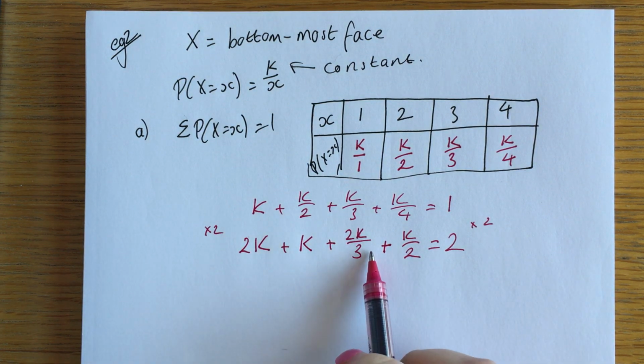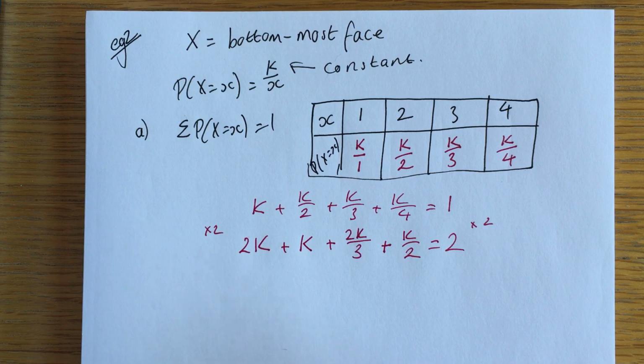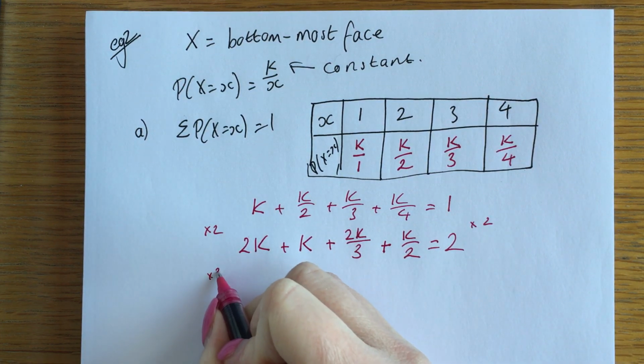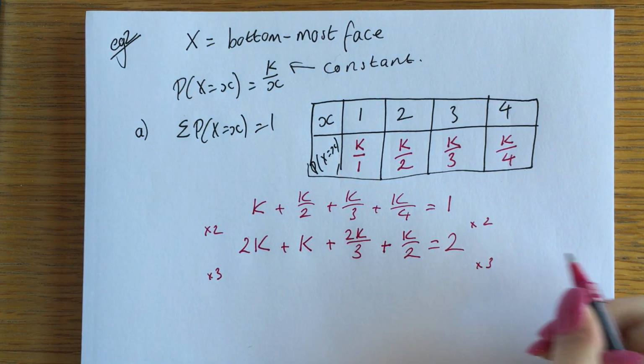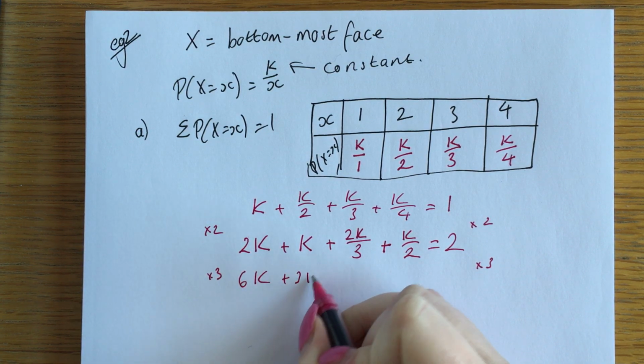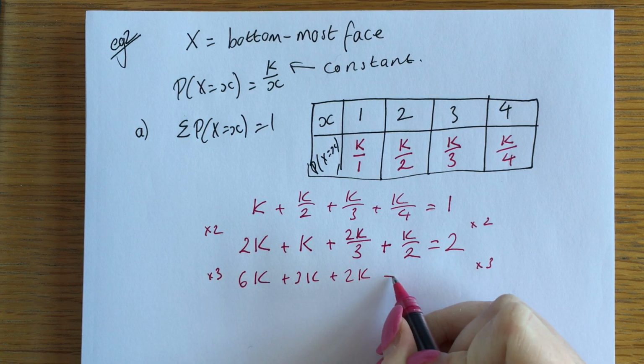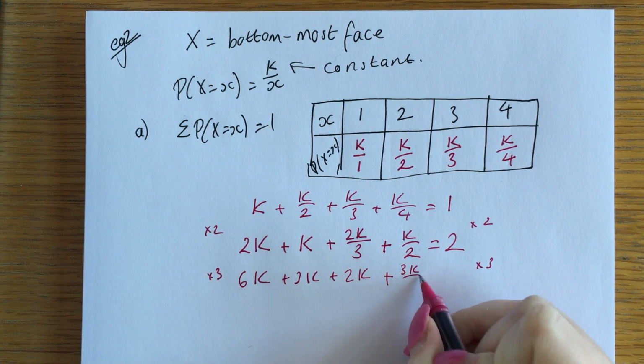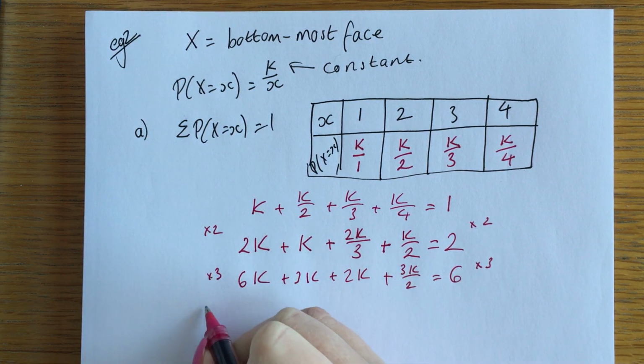I'm going to multiply by 3. So 6k plus 3k plus 2k plus 3k over 2 equals 6.